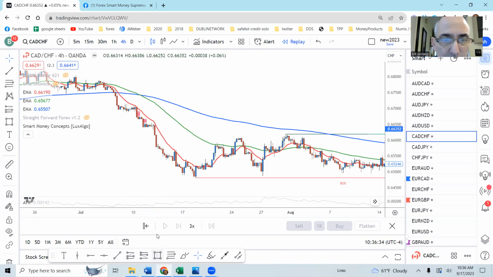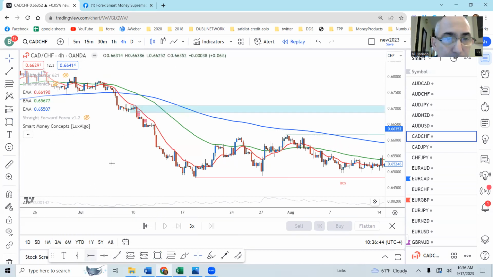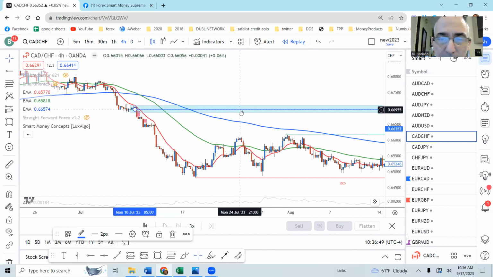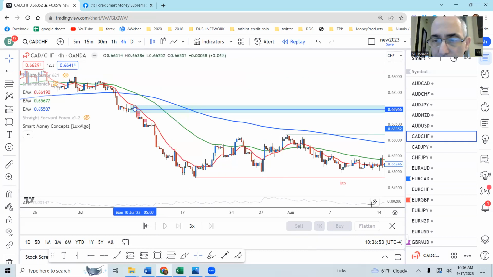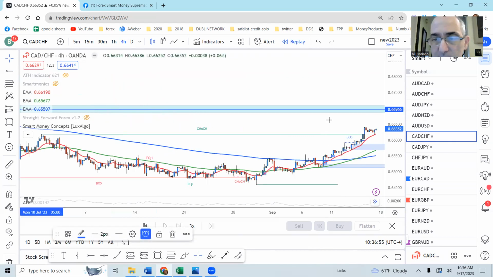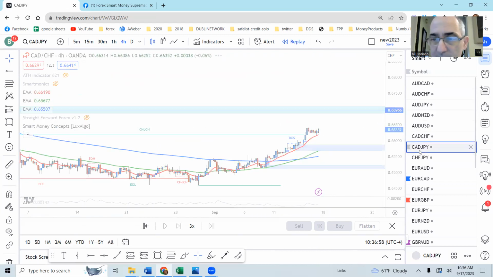So let's go with the closer area here, but there's a lot of imbalance. I'm going to go with this area up here. I'm going to put the point of interest at the open of that blue candle right before that engulfing candle. So it's really not too far away. Price is almost there anyway. So we'll see what happens this week.